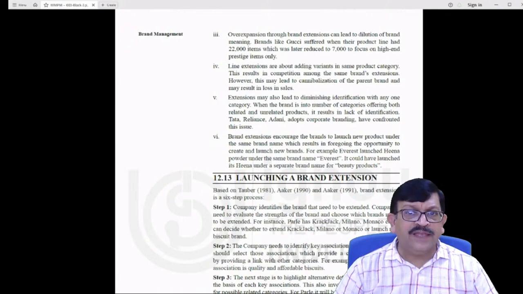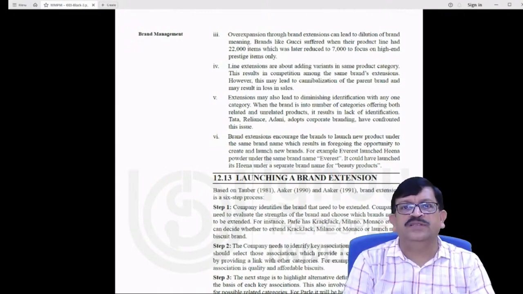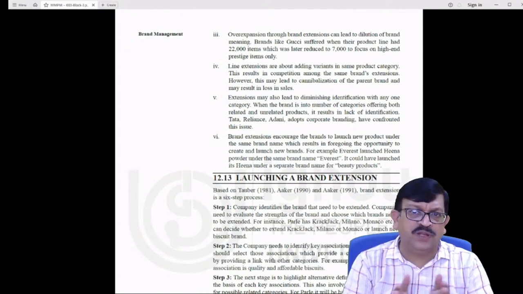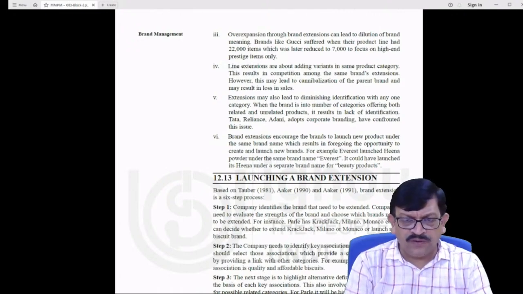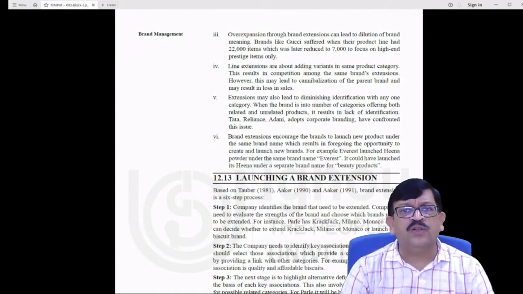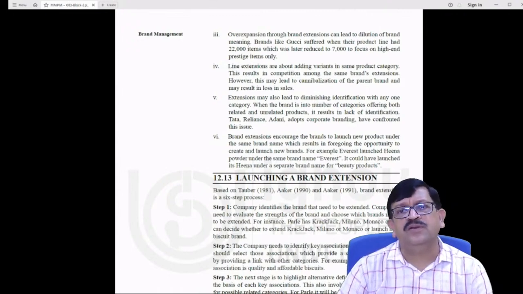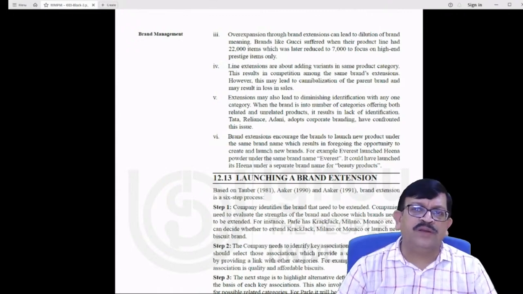Line extensions, as I told you, within the product line: if you're getting into too many line extensions and you place your products very close by, with very little area of differentiation, it can lead to dilution and also cannibalization. Many times the new product which you bring into the product line can cannibalize the parent brand, as a result of which your parent brand can suffer.